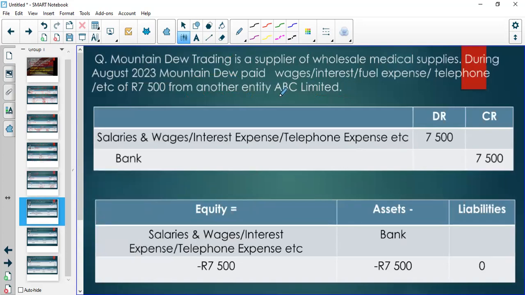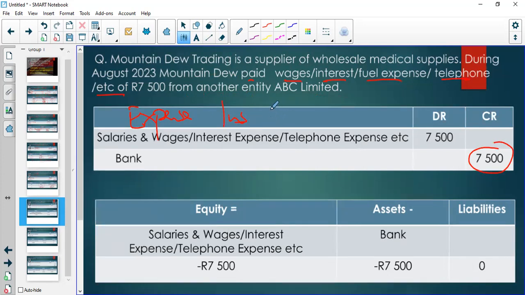Right. So what I did in this question is that I have the entity pay. So it could be any expenditure for the business. It could be wages, it could be interest expense, it could be fuel, telephone expense, water and electricity. All right, so we're going to credit the bank account, and debit the expense. So whatever expense it is, if it is insurance, we debit that.